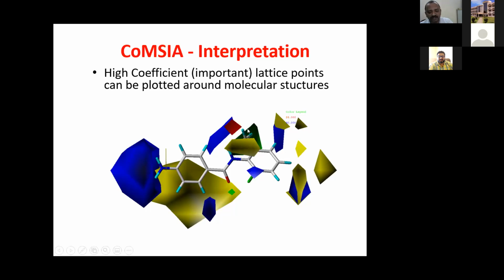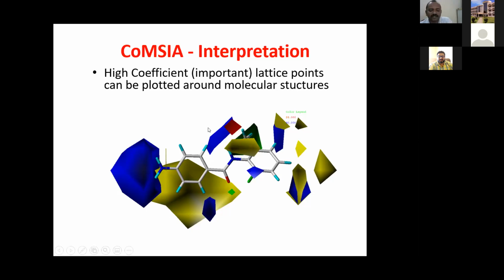That means where there is a green contour, if you extend that structure further, it will increase the activity of that ligand. Where there is yellow, we should not increase the bulkiness; steric extension should not be done. Like that, where there is a blue contour, electronegativity will favor. Where there is a red contour, electropositivity will favor.